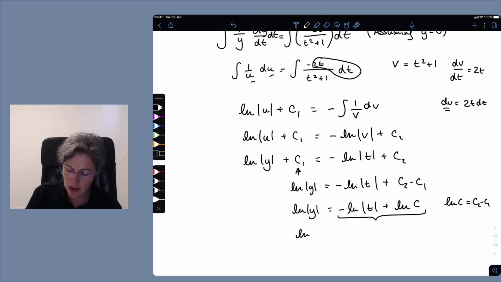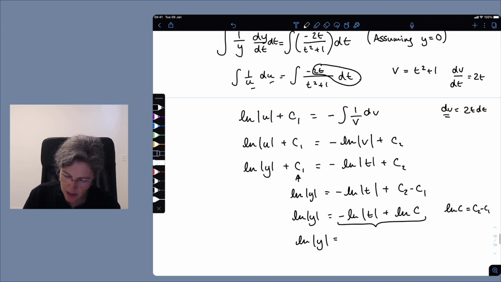So I'm going to have the natural log of the absolute value of y, and I just realized I should be having a whole lot more going on here with my t's. It was not just t, it was t squared plus 1, t squared plus 1, t squared plus 1. Okay, that's looking a bit better.